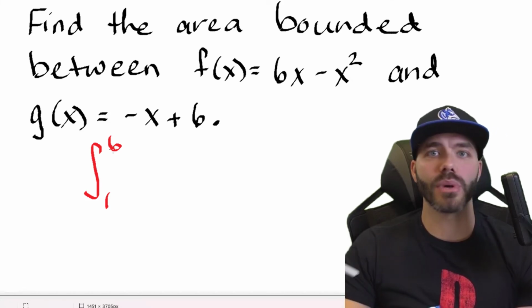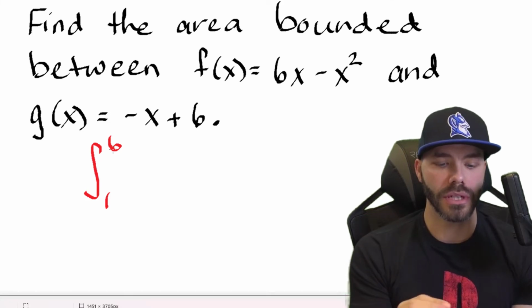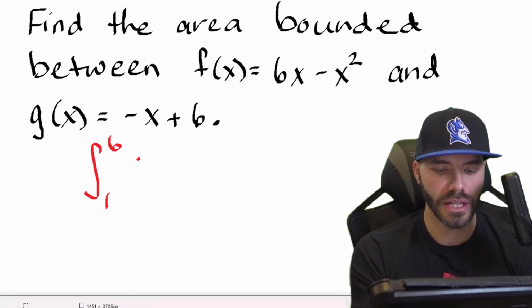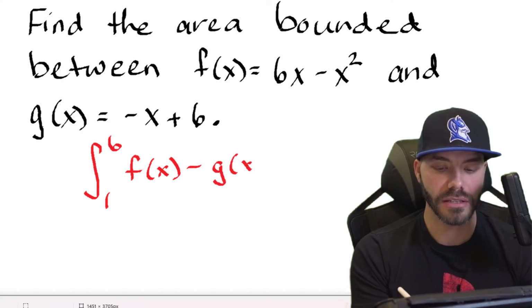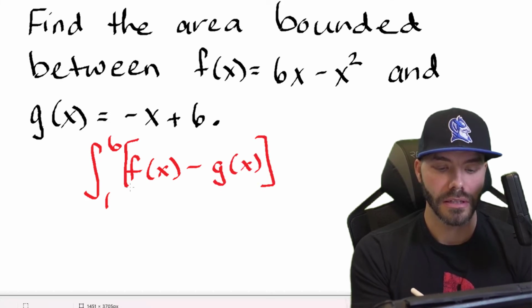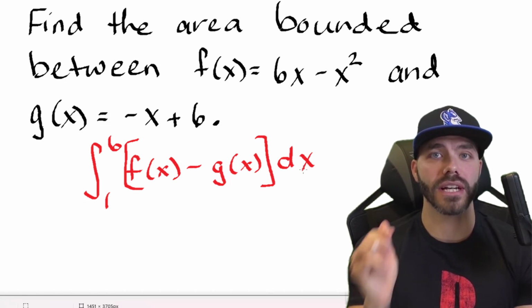So we don't have to break this up into two integrals. We could do it all together by doing the top function, which in this case was f of x, minus g of x dx. If you apply this property, f of x minus g of x, that'll look like this.